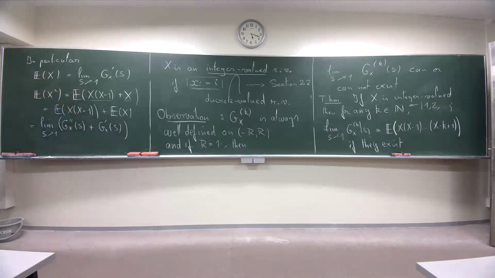So it means if these quantities exist, then if you know the probability generating function, you can compute these moments or these quantities. Or if you know these, you can get information about this function, but only at 1.